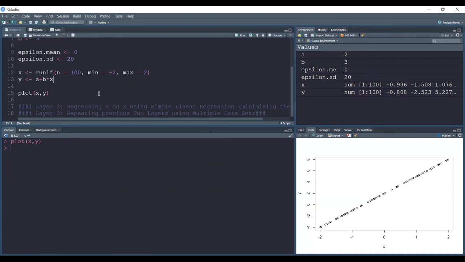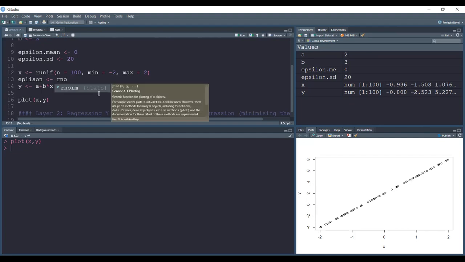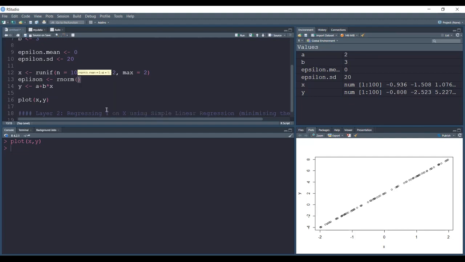Now let's introduce the error term. And I'll create an error term for each observation, epsilon. It's independent of x. That's one of the major assumptions. Epsilon is, let's take a normal distribution, 100 of them, 1 for each observation. The mean is epsilon mean.